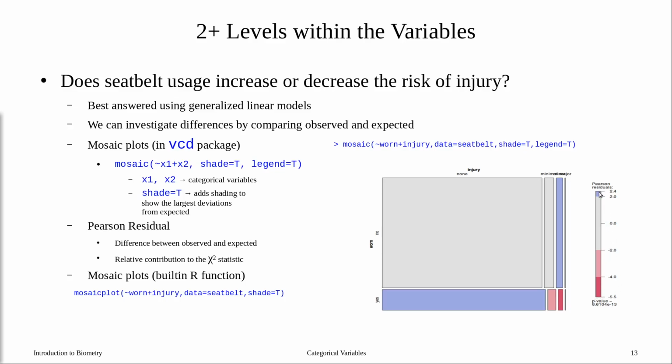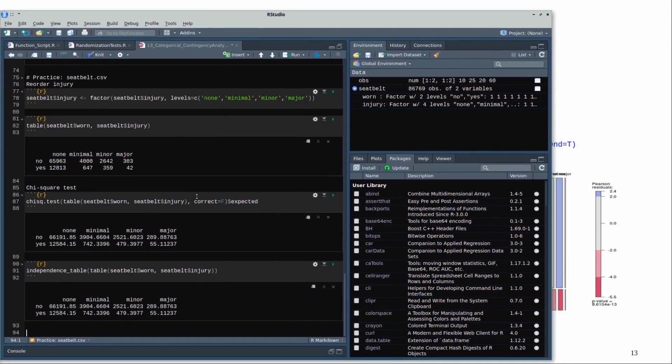So there is one more blue, like a dark blue, that we could have seen. Anytime we have a dark blue or a dark red, that's a strong indication that that category is what's driving our difference. The lighter shades are ones that suggest that it may be significant. So let's go ahead and do this mosaic plot in R.